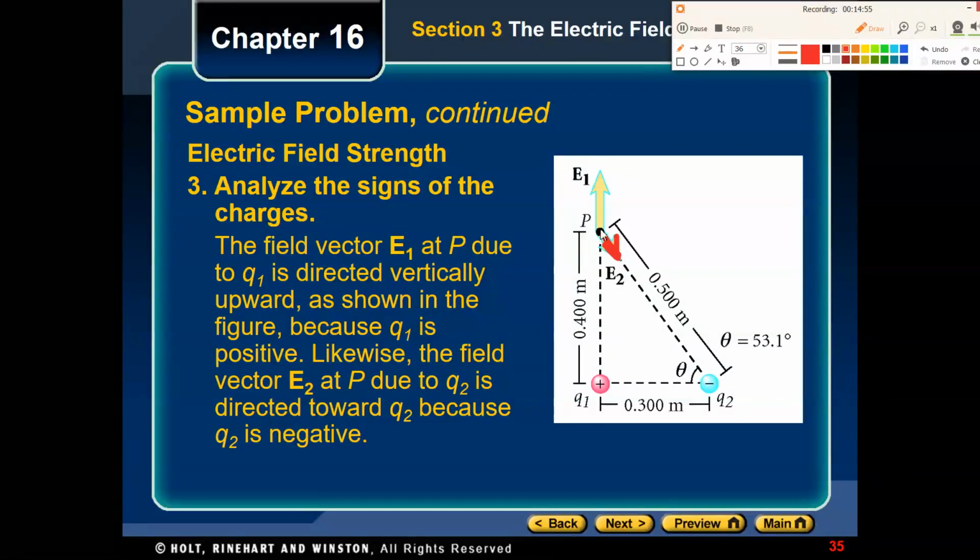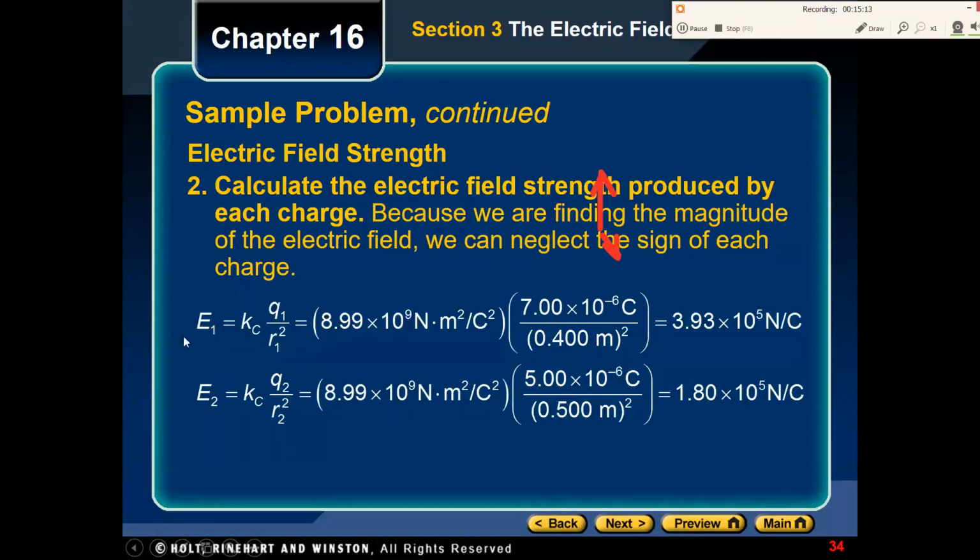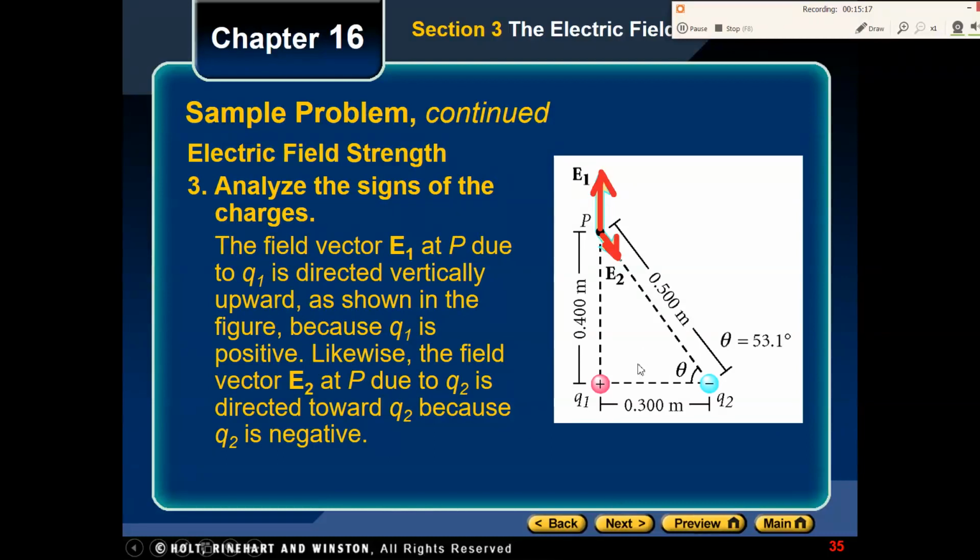Q1 is positive, so it's repulsive. So you need to draw this diagram to figure out the direction, because a pure calculation won't give you the direction. You need to use a diagram to figure out the direction of the electric field.